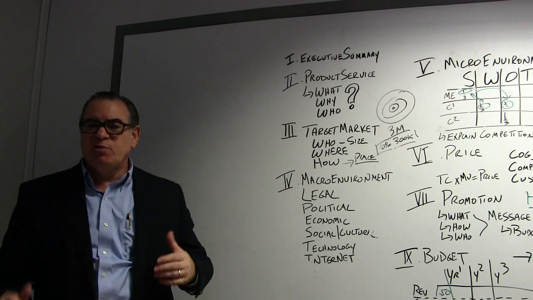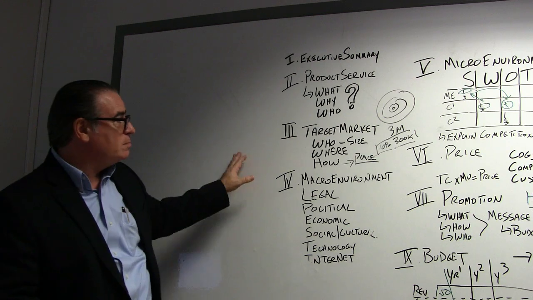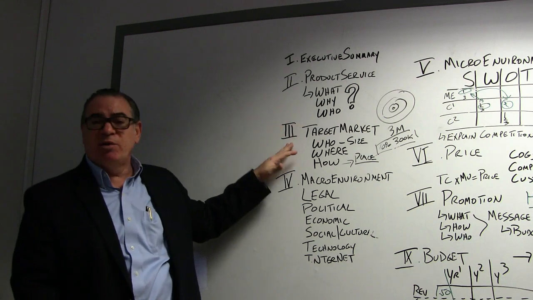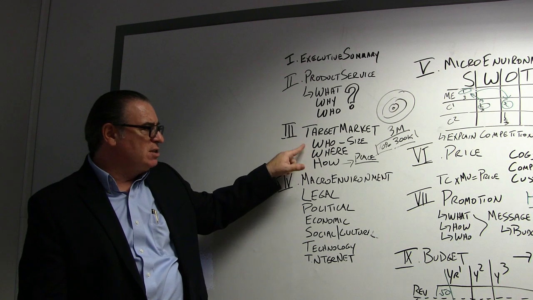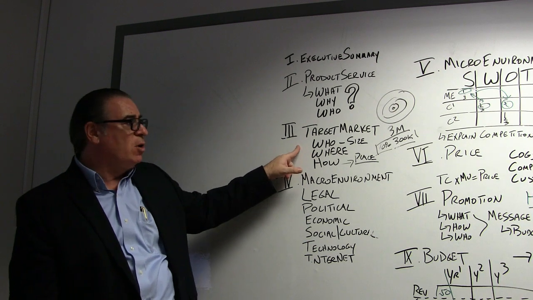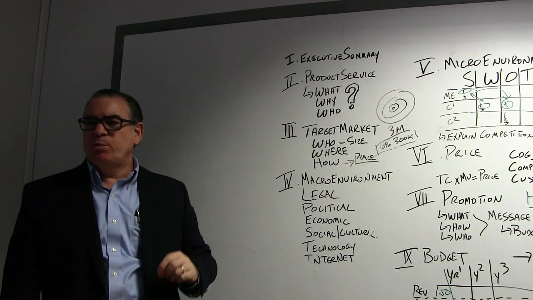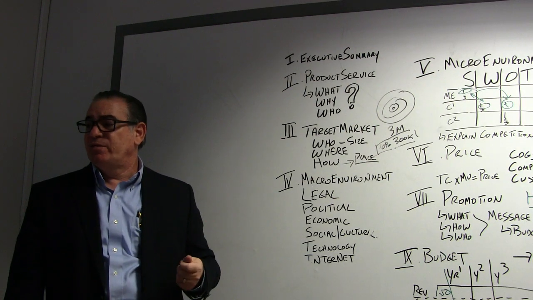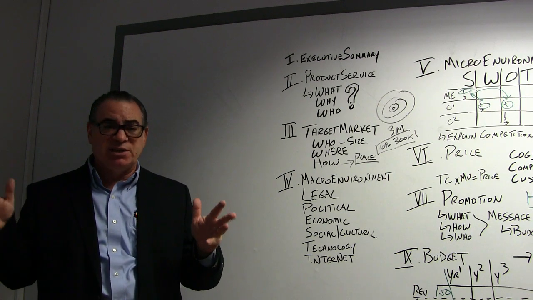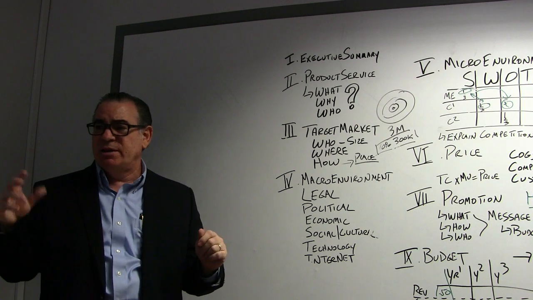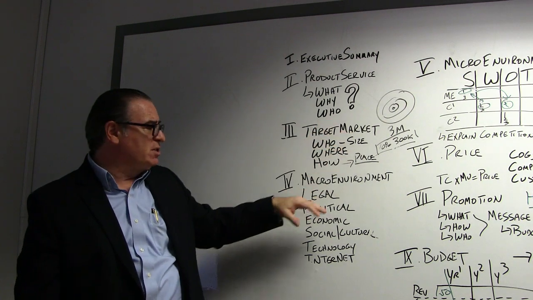The other thing too is, remember when you do this, the research is important. So when I say your target market, and you say, okay, everybody who drinks bottled water is my target market, I want to know where you got that information from. You looked up what statistic? Where did you find that information? I found that in the U.S. Census, or online at this website, and this is what it tells me. Okay, so you need to be very specific.